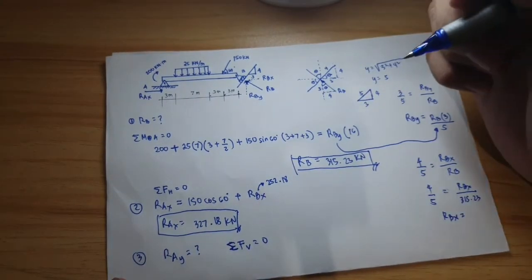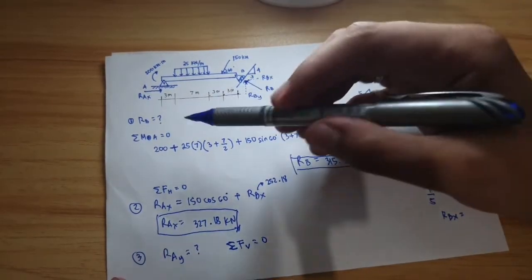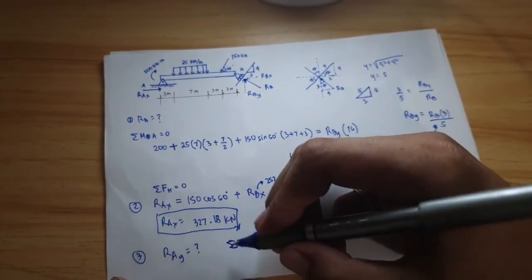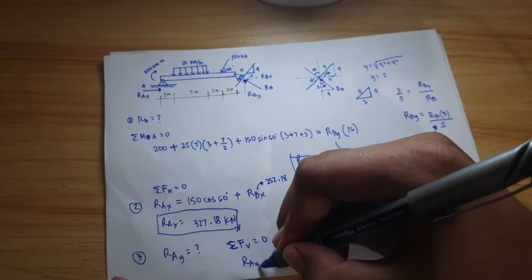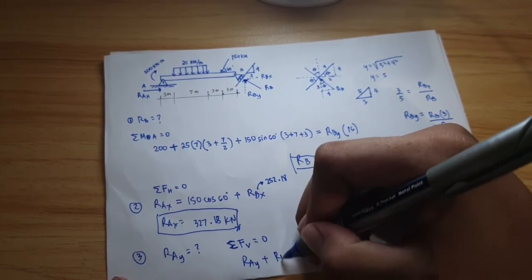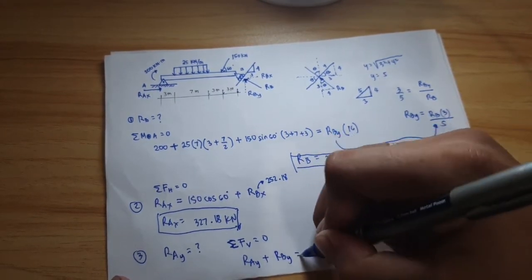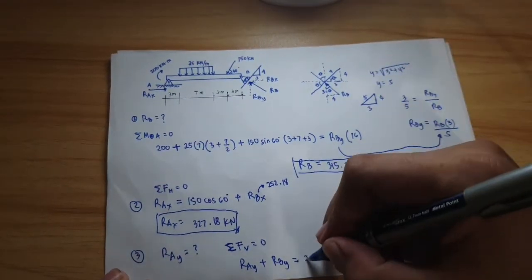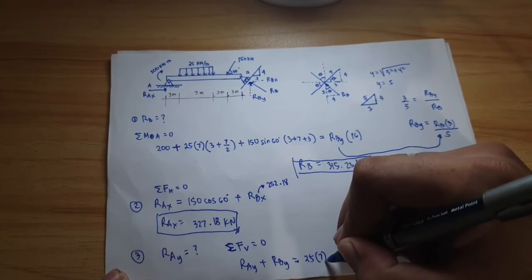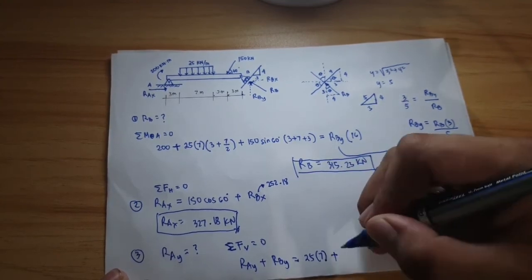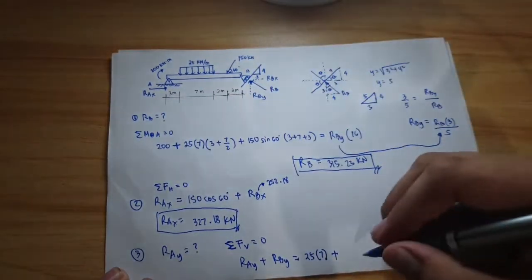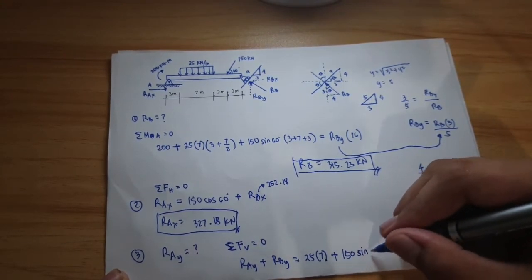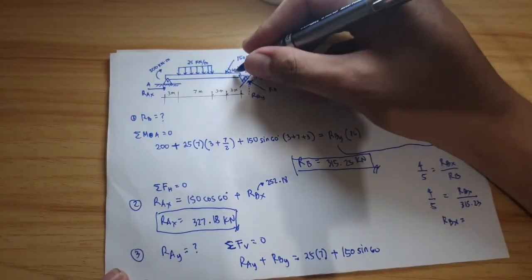Na namatay RBY in which sila tanan upward. So RAY plus RBY is equal to downward force, no? 25 times 7 plus downward force also 150 sine 60, opposite of the 60.